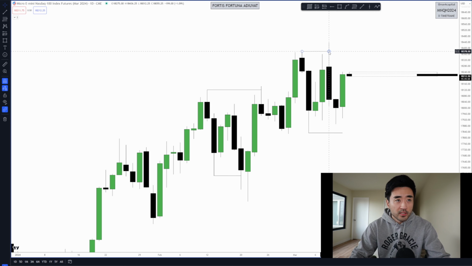So we have short traders going short here, trying to catch this move down. But we also have breakout traders here setting up their buy orders to play the breakout, which means there's a large amount of buy orders here waiting to be hunted.